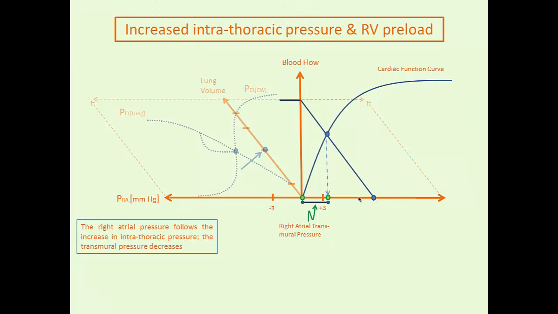There's no change in your mean systemic pressure. There's no compression of the venous capacitance beds, and you simply shift the cardiac function curve rightwards, and you therefore cause a shrinkage of your right atrial and right ventricular transmural pressure.